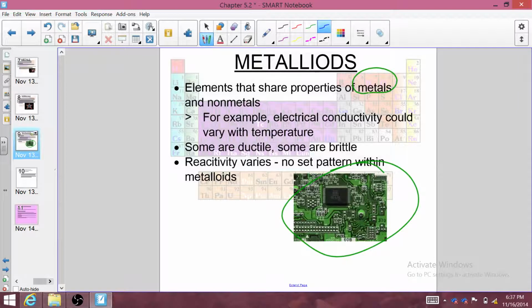However, silicon is also very brittle. If you were to hit it with a hammer, it would not form into a new shape. It would actually break into a bunch of little pieces, which is a property of a nonmetal. So silicon is an example of an element that has properties of both classifications, which is why we have the in-between classification of a metalloid.